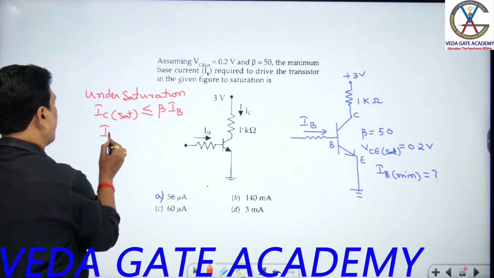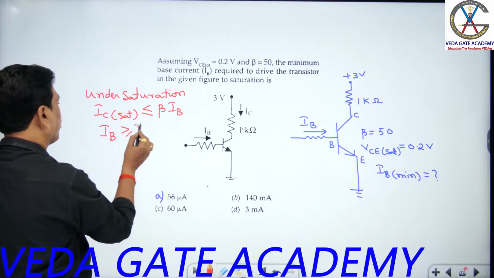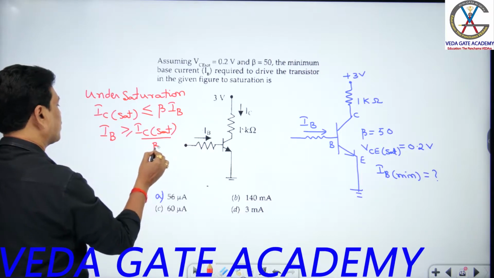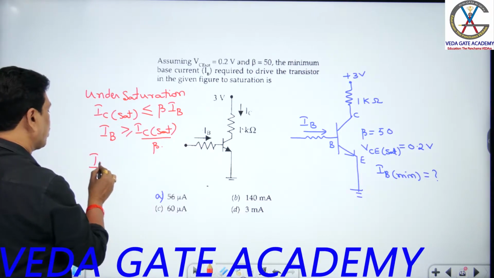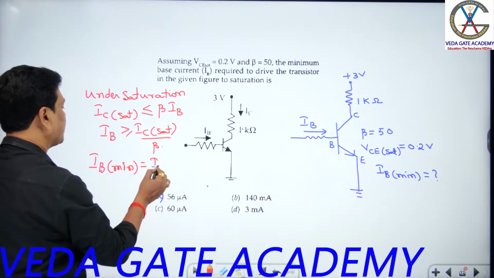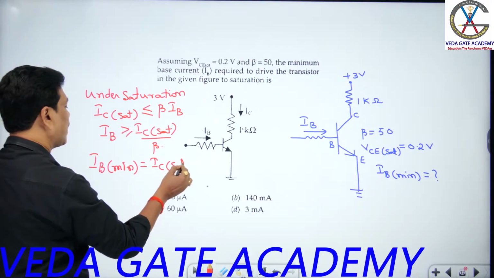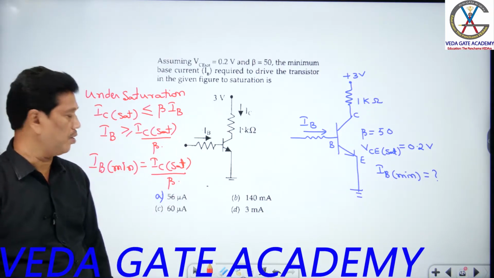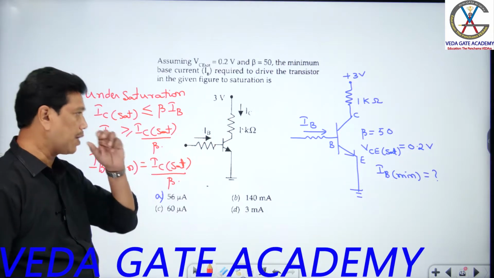Thereby IB is greater than or equal to IC saturation by beta. So under saturation, the minimum base current IB minimum equals IC saturation by beta. This is the formula. Now I need IC saturation.